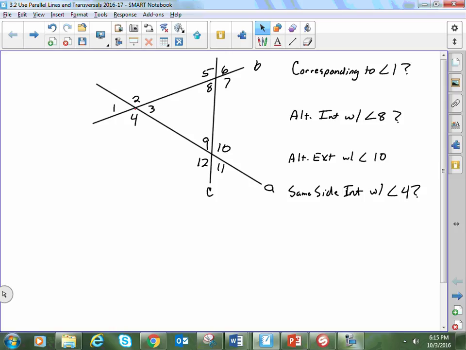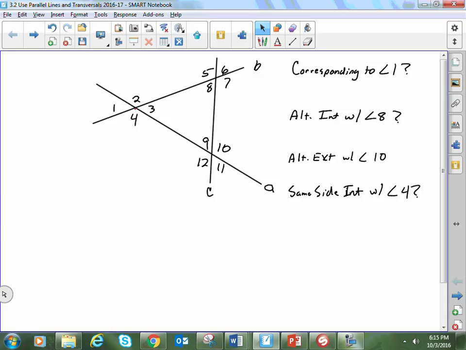And what I would like you to do is to copy this diagram down into your notes and the four questions that I have. The first question, I'm asking you to identify corresponding angles to angle 1. The next one, I'm asking you to identify alternate interior angles with angle 8.